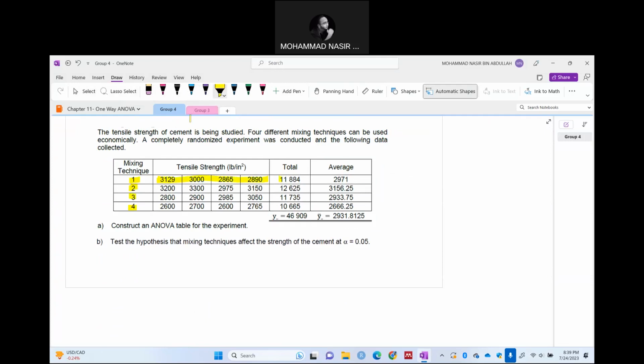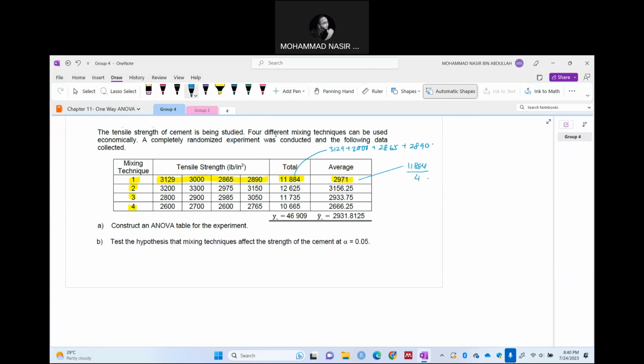And this is the total for treatment 1, and this is the average of treatment 1. So how do you get this? You add 3129 plus 3000 plus 2865 plus 2890. And this one, you divide the summation, 11884, divided by 4.